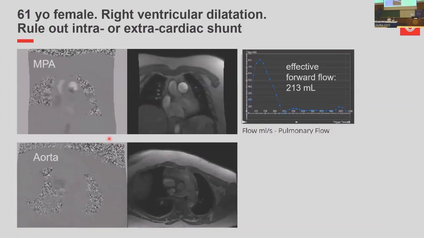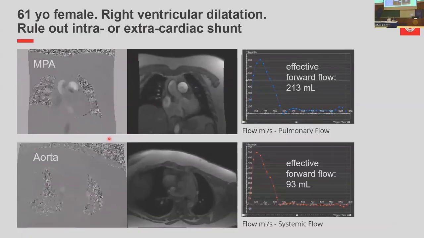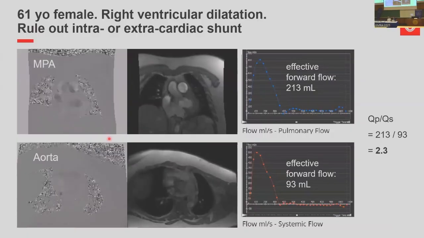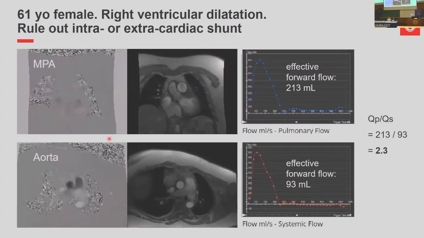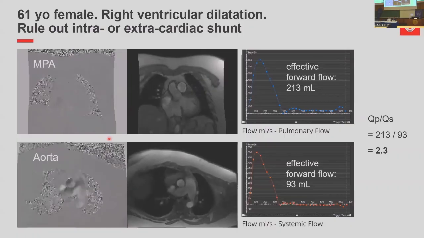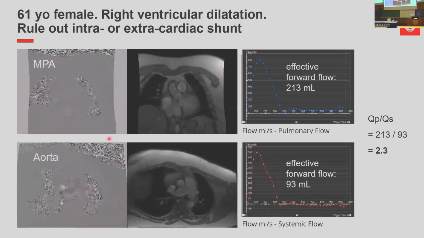In contrast, we have measured only 93 milliliters of effective forward flow in the aorta. This means that there is 2.3 times more flow in the pulmonary system than in the systemic circulation. This ratio is called QP/QS, so flow in the pulmonary divided by flow in the systemic circulation, and it indicates a significant systemic to pulmonary shunt in this case.